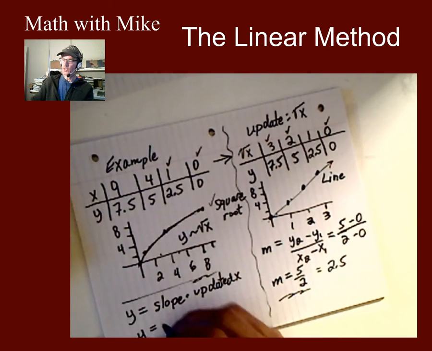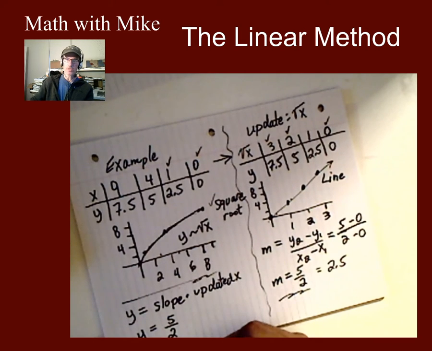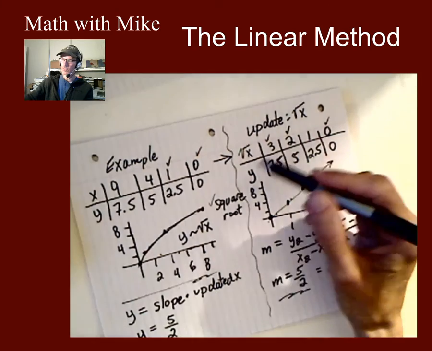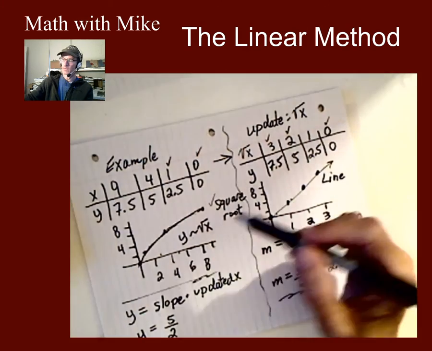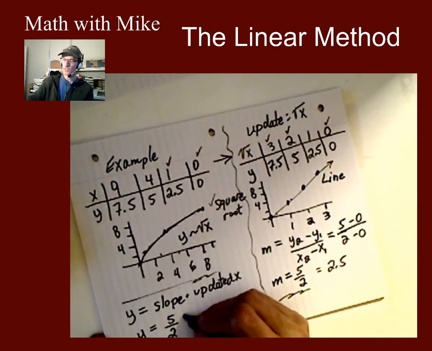Our slope is 5 over 2. As I said, 2.5 in this case if you want. And our updated x, which matches the picture, is square root of x.